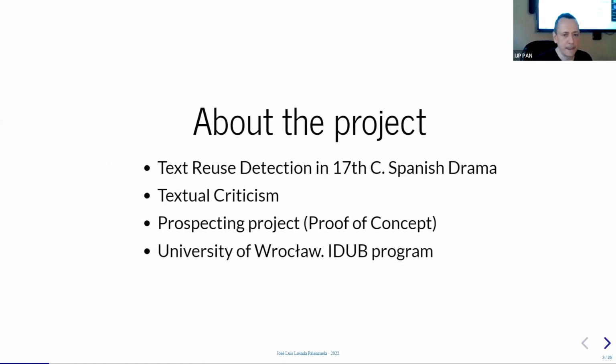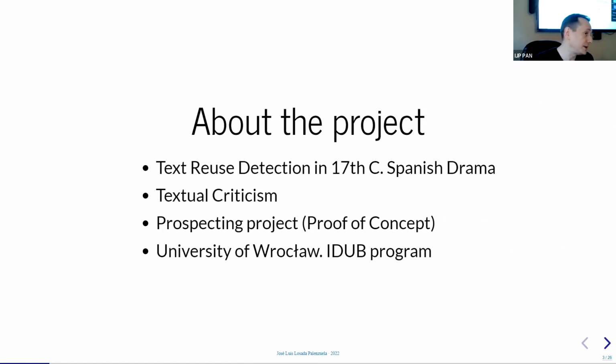So about the project, the 17th and also the 18th century Spanish theater is an important field of research in Spanish literature studies. It is the so-called golden age period, because of its textual and social impact until today.